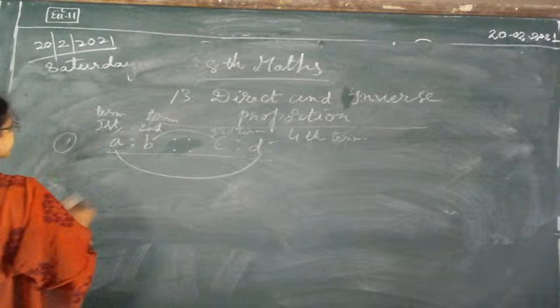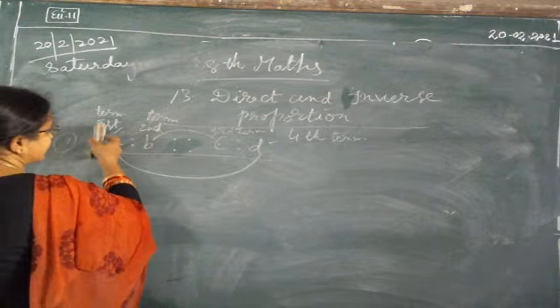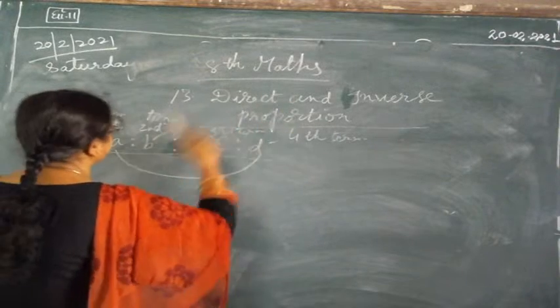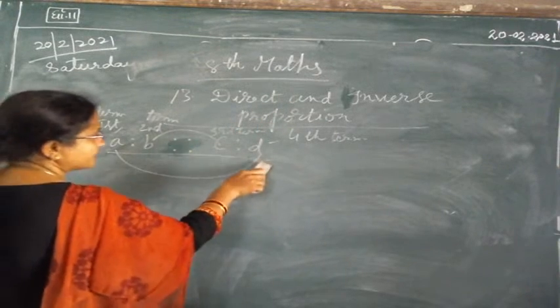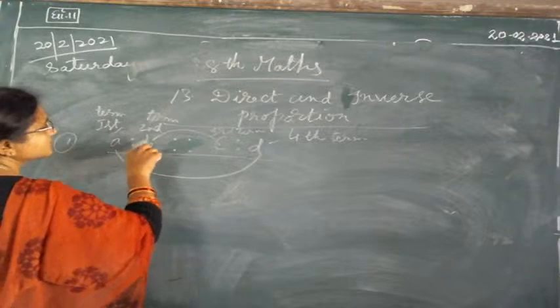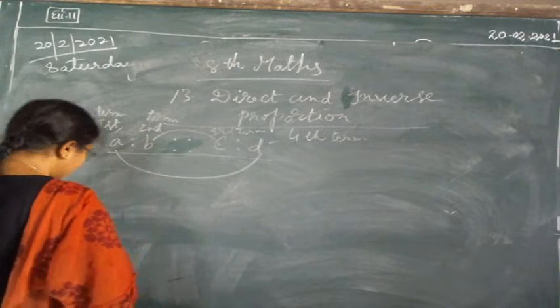See, first number, second number, we can call it first term, second term, third term and fourth term. So, the product of the first term and the fourth term is always equal to the product of the second and the third term.